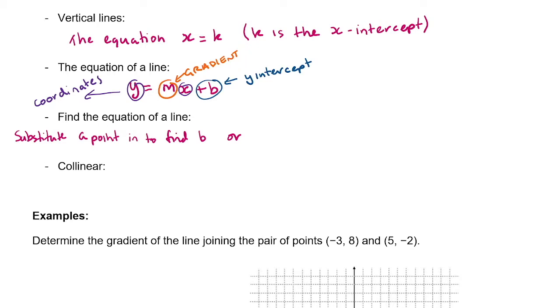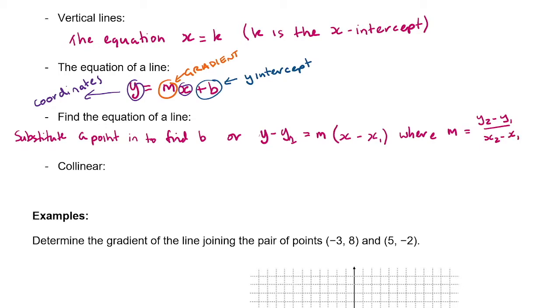The next equation is y minus y1 equals m outside of x minus x1. This is where we're just using a point and the gradient. We have a point and we have the gradient, so it is point-gradient form. We are using our gradient for m that we have seen before.